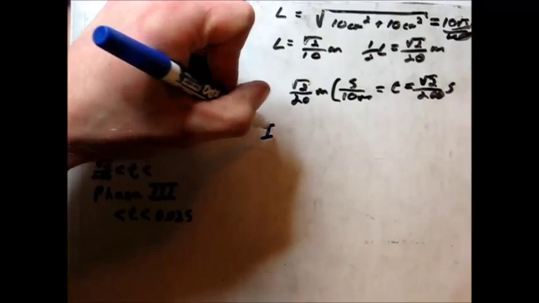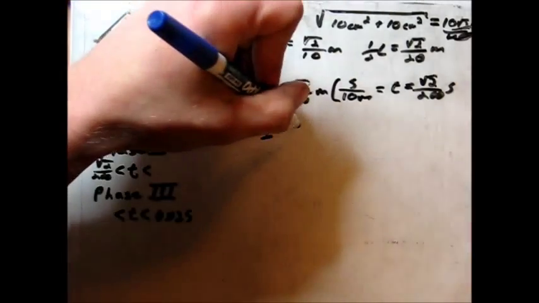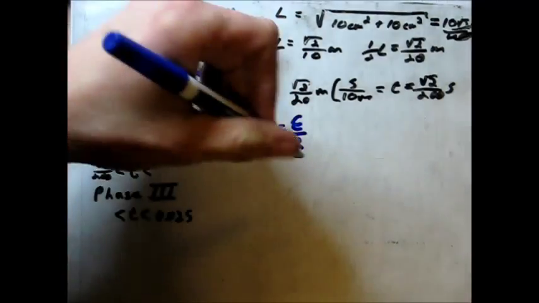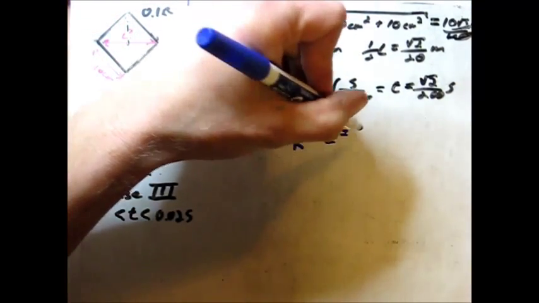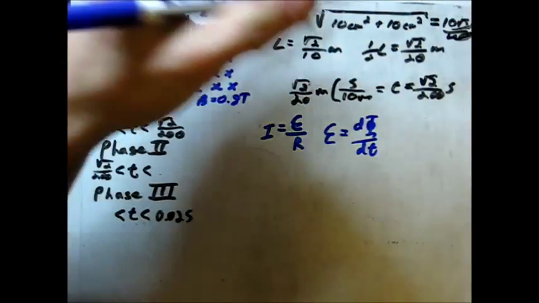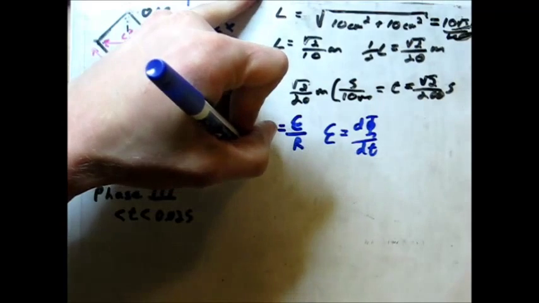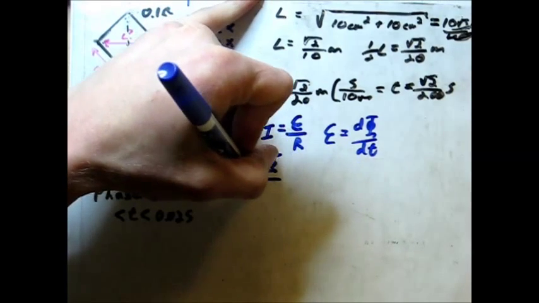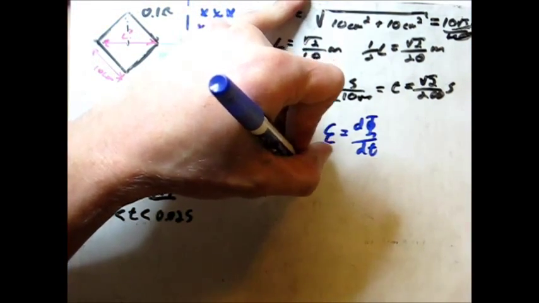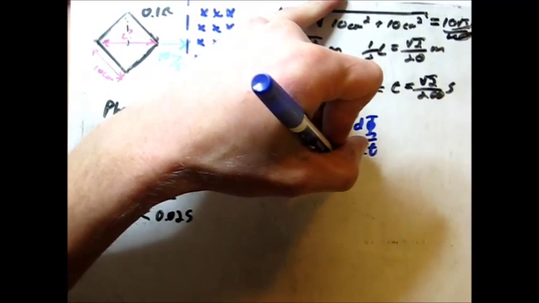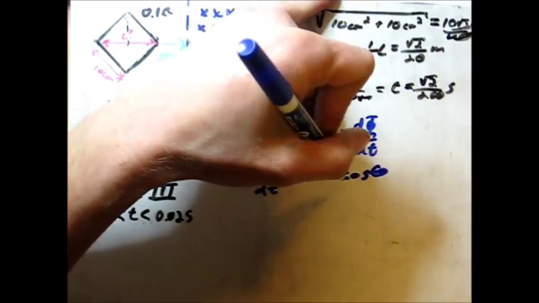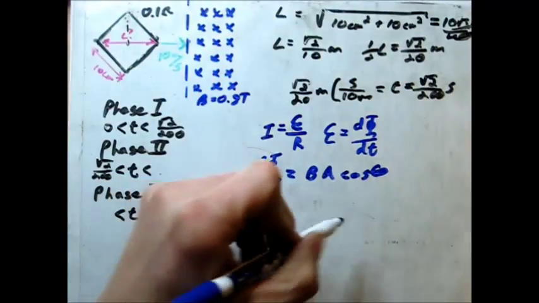Since current is the resultant of voltage divided by resistance, in this case we can calculate our voltage as the change in flux with respect to time, and we calculate our change in flux as BA cosine theta, where one of these three things has to change with respect to time.